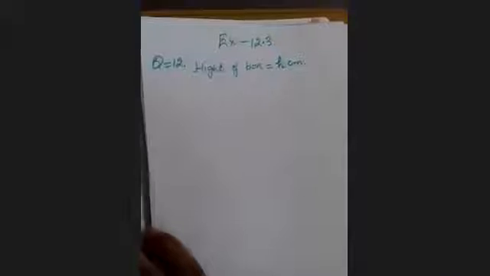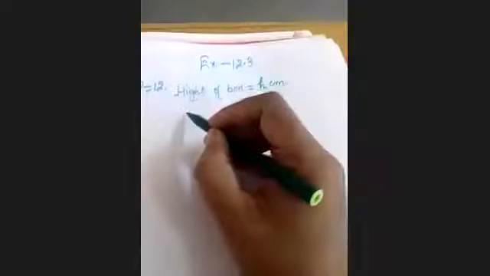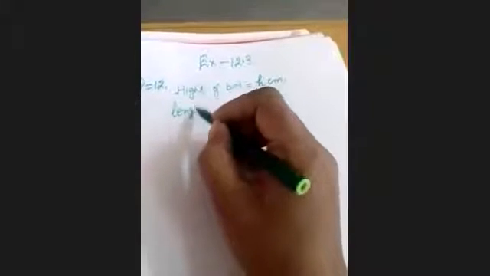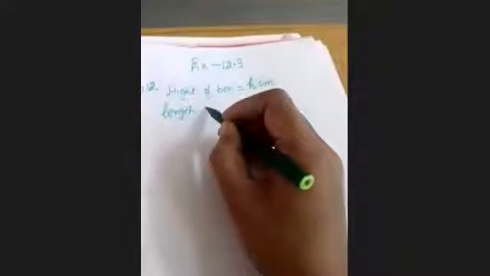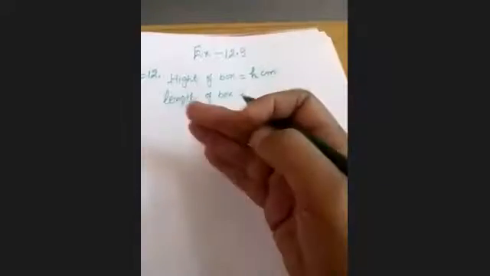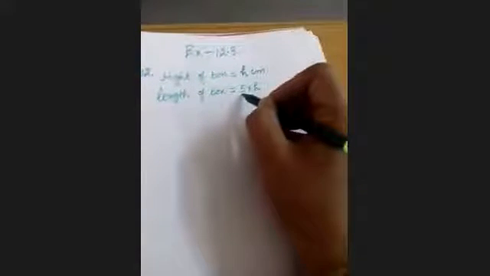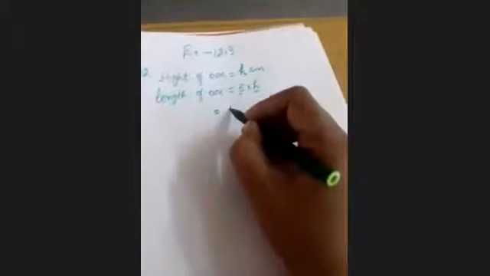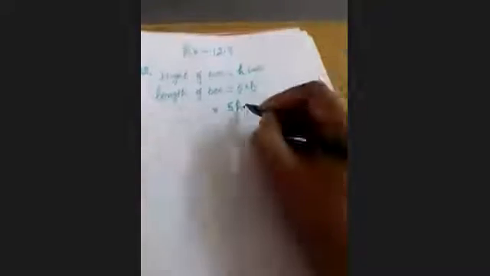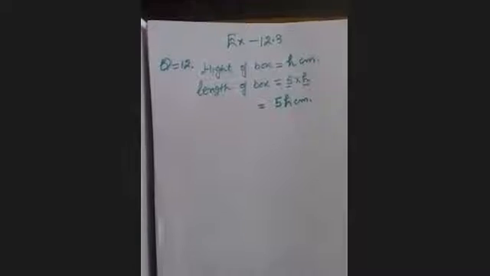So length is 5 multiplied by h, so length is 5h centimeter. Clear students?